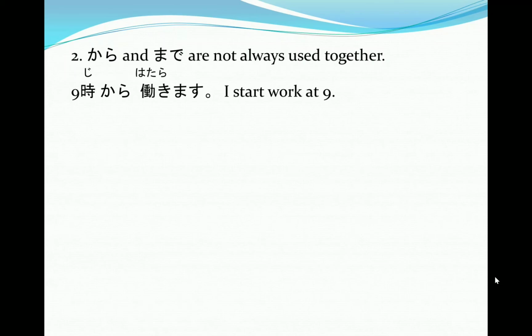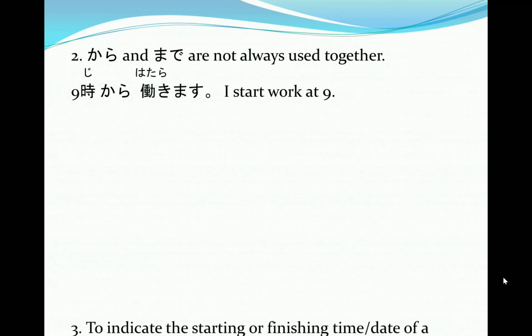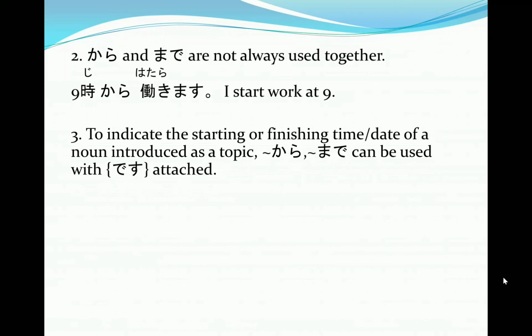Again, 9時から働きます. And then to indicate the starting or finishing time or date of a noun, introducing topic, kara and made can be used with this. Just to be polite in a sentence, you can use it with this.